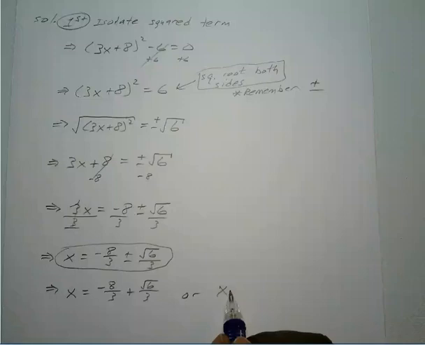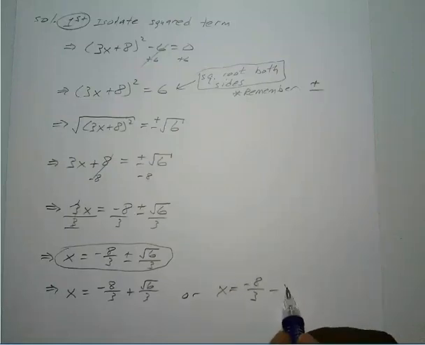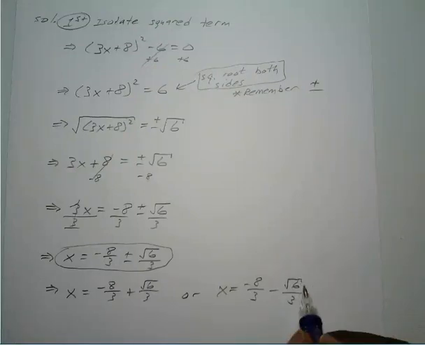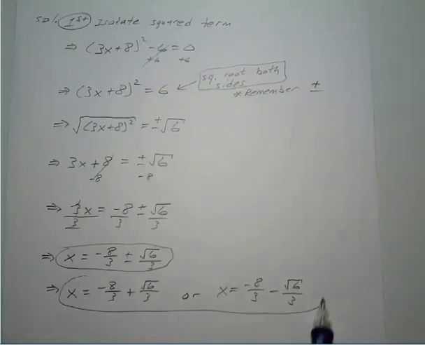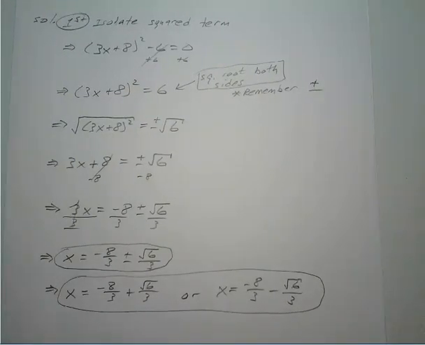Or x can equal negative 8 over 3 minus the square root of 6 over 3. All right. So let's go ahead to our next example.